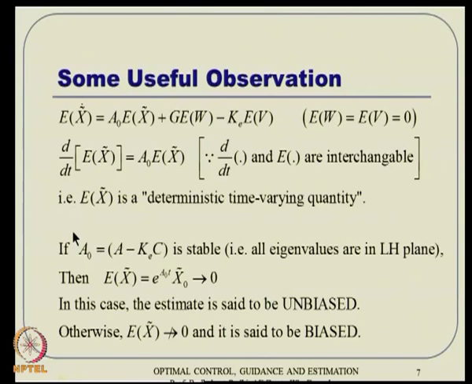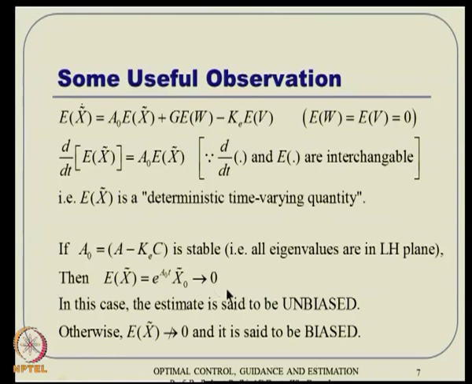So what it tells us is that the expected value of x tilde is a deterministic time varying quantity. Now, it turns out that this A naught, which is defined as A minus KC, is stable. That means all eigenvalues are in the left half plane. Then what happens? The expected value of x tilde, if you take the solution, is nothing but e to the power A naught t times x 0 tilde, and that will go to 0, because this is a stable matrix.